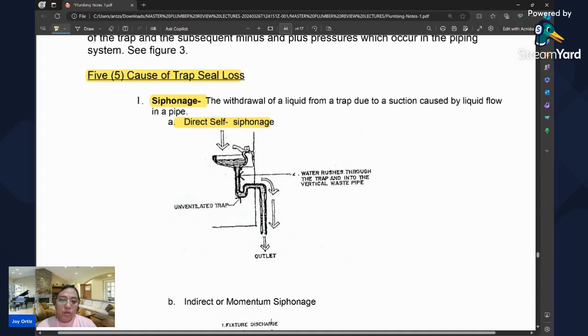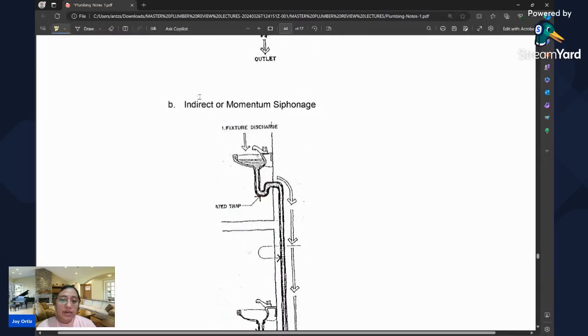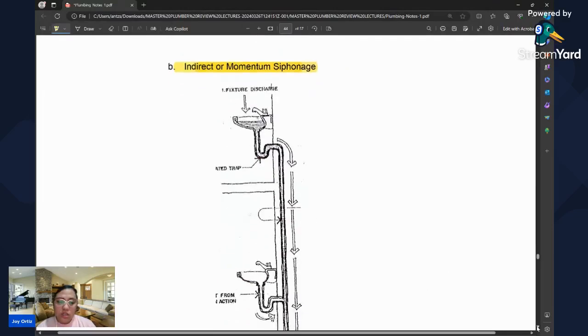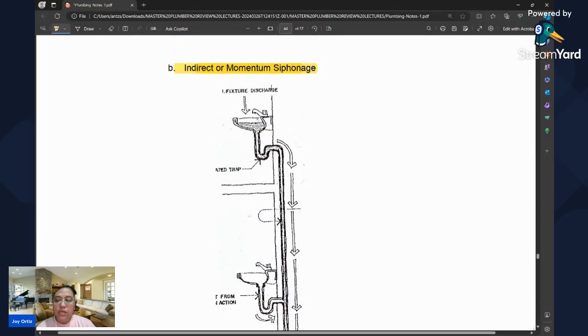You have also the indirect or momentum siphonage, wherein ito yung end of the trap, ito yung trap, ito yung discharge, tapos yung isa din, magkaka-connect sila, parehas, kumbaga may hangin na dito. So that's what we call indirect momentum siphonage.